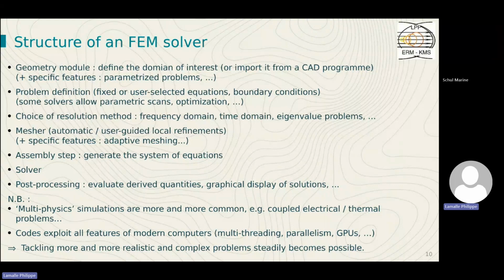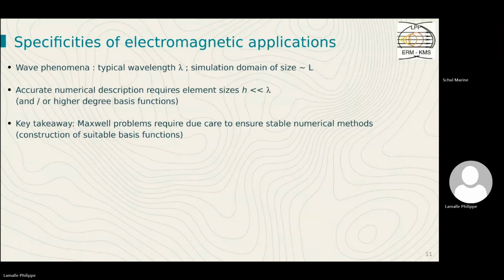This is just an example among a large number of possibilities. I would stress also that these codes exploit all the features of modern computers, and this allows really to deal with more and more realistic and complex problems as time goes on.